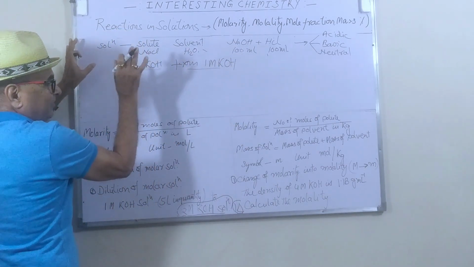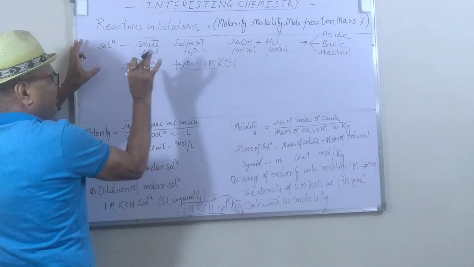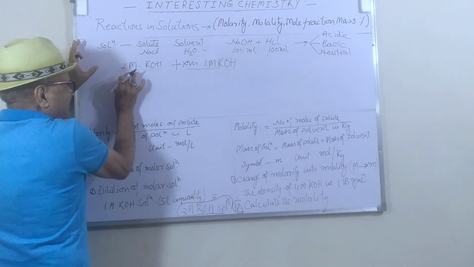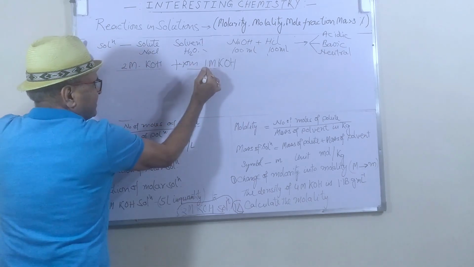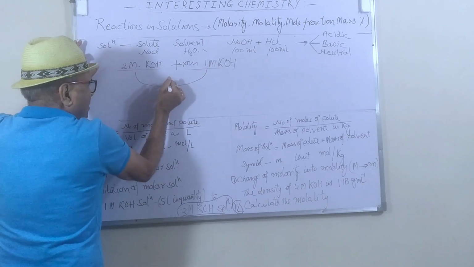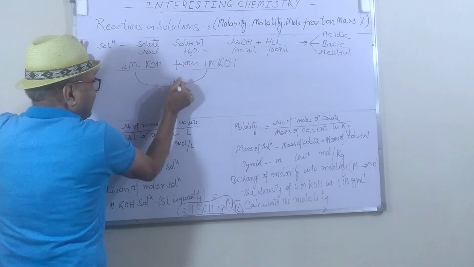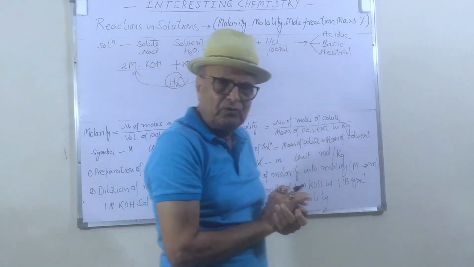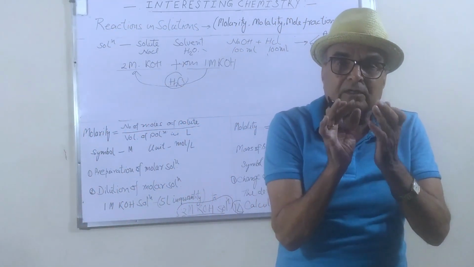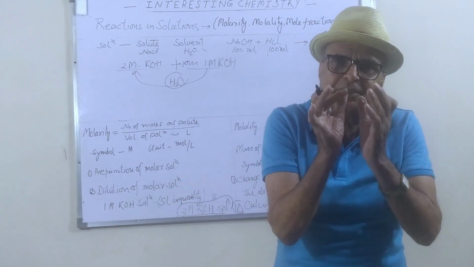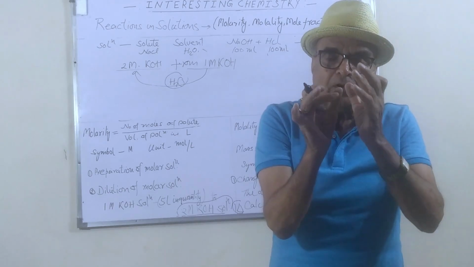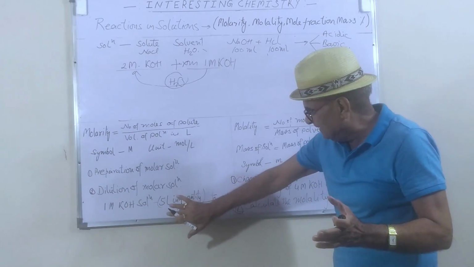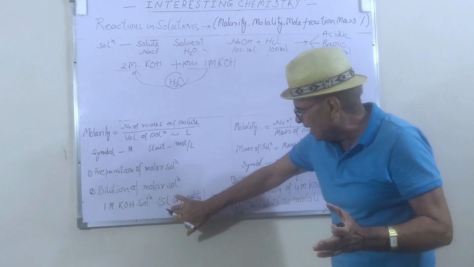The concentration, the molarity of this solution is higher, and we need it lower. So you will add some volume of water, and this process is called the dilution of the molar solution. Suppose the quantity of the 1M KOH is 5 liter.